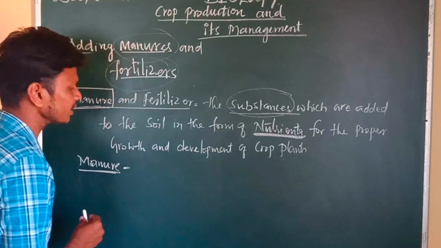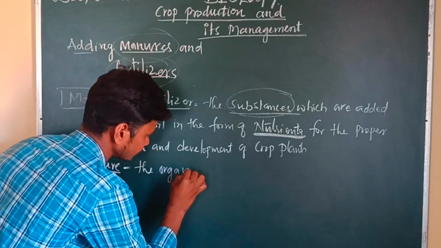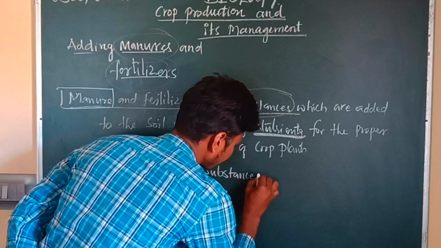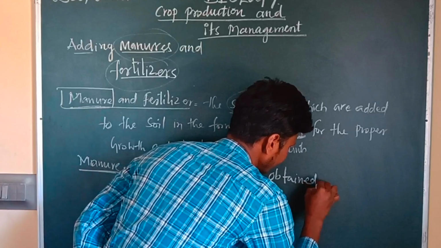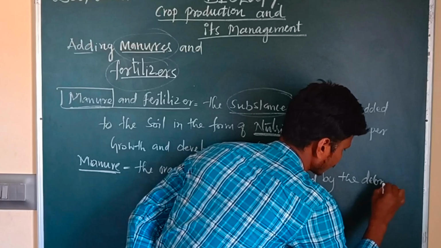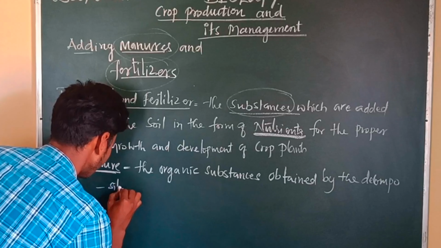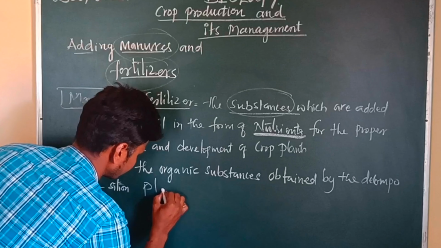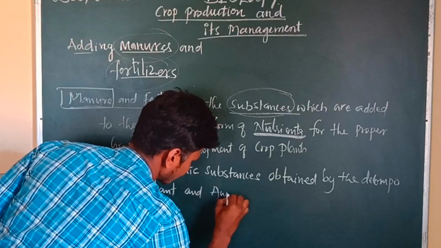Manure is the organic substance obtained by the decomposition of plant and animal waste.